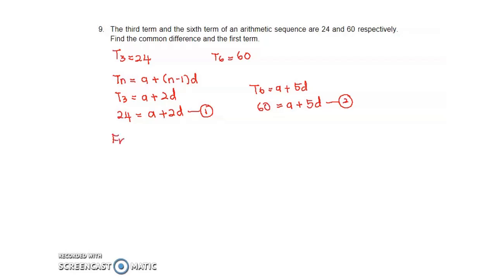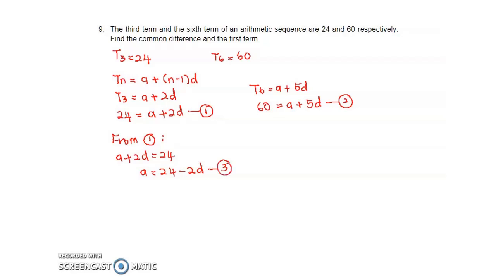From equation 1, A plus 2D equal to 24, make A the subject. So A equals 24 minus 2D. Plus 2D, you bring to the right hand side, becomes minus. Let's say this is the third equation.